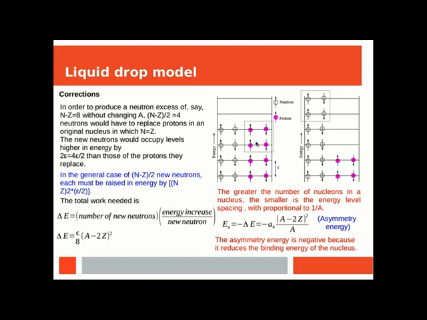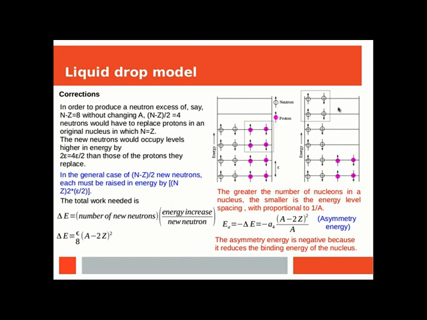Now if we consider a nucleus which has 8 extra neutrons, these 8 extra neutrons can be formed by transforming 4 protons into neutrons by giving out beta particles.